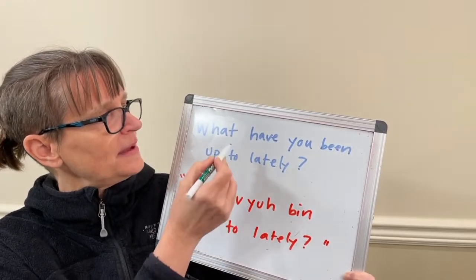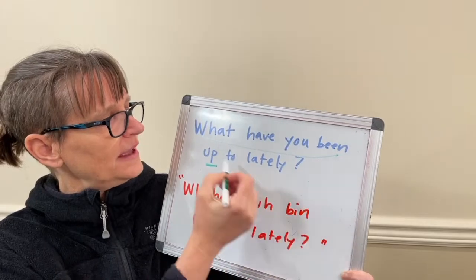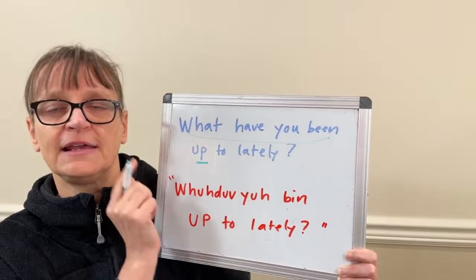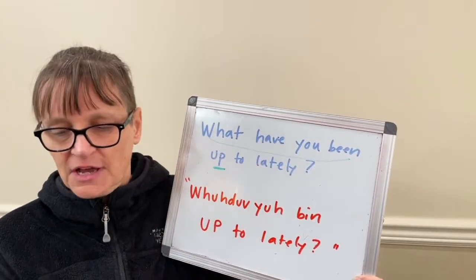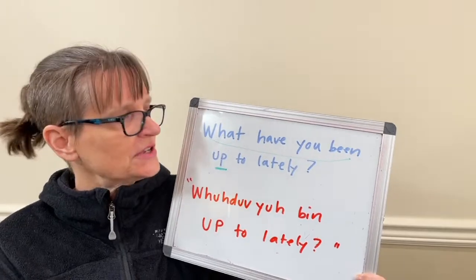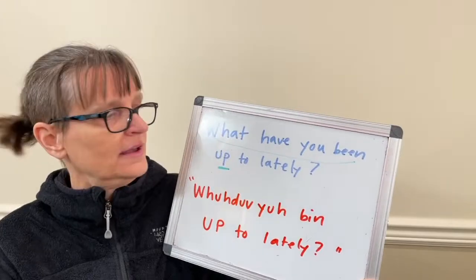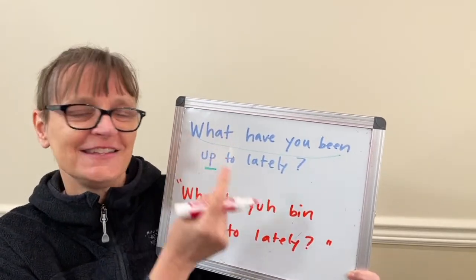And so that means that before the up, what have you been, and then up to lately, this part is all going to be linked together and have some reductions. Up to lately is not going to have a lot of reductions or changes, and we'll talk about why in a moment.